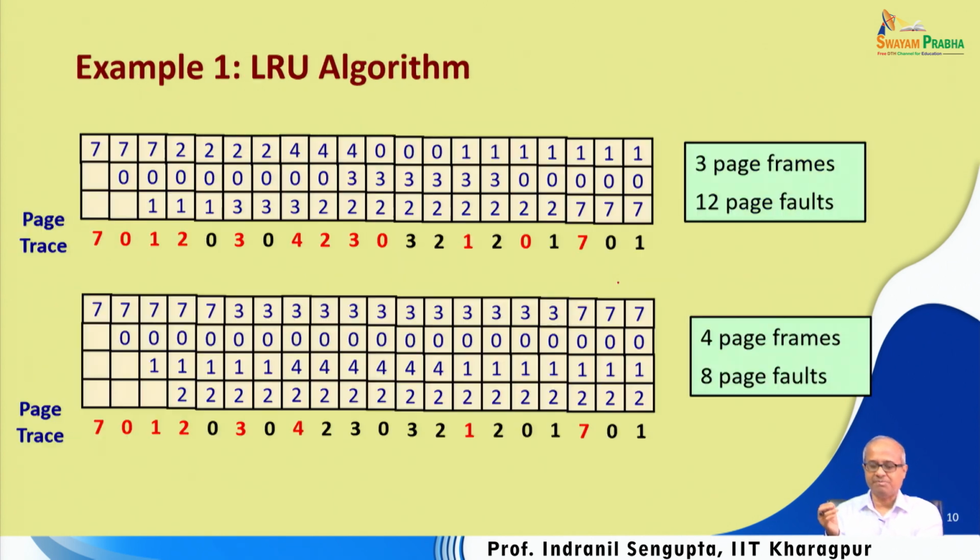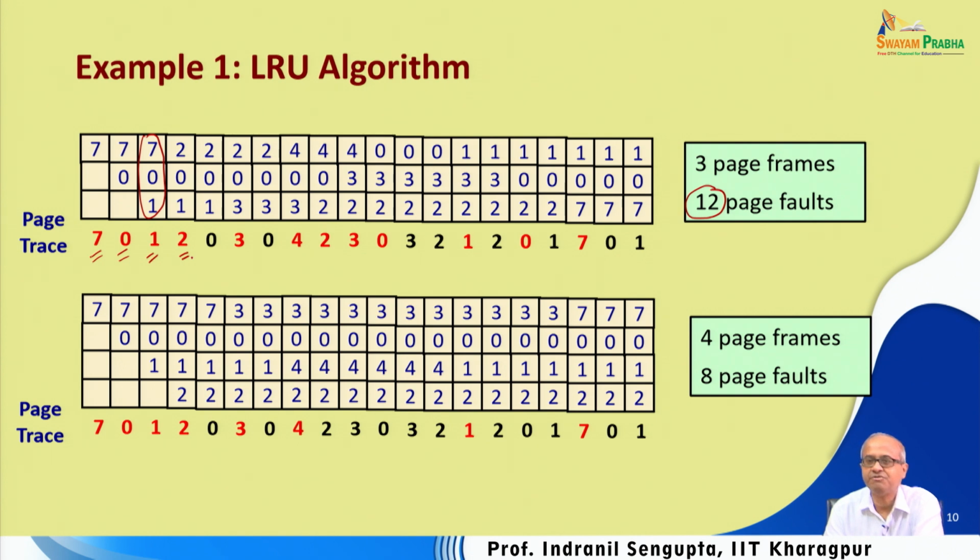Let us work out the example. That same example, same reference string. So, for 3 page frames you see the LRU algorithm gives 12 page faults. Let us work out 7, 0, 1; the first 3 are fine, 7, 0 and 1. So, the frames get filled up, then 2.